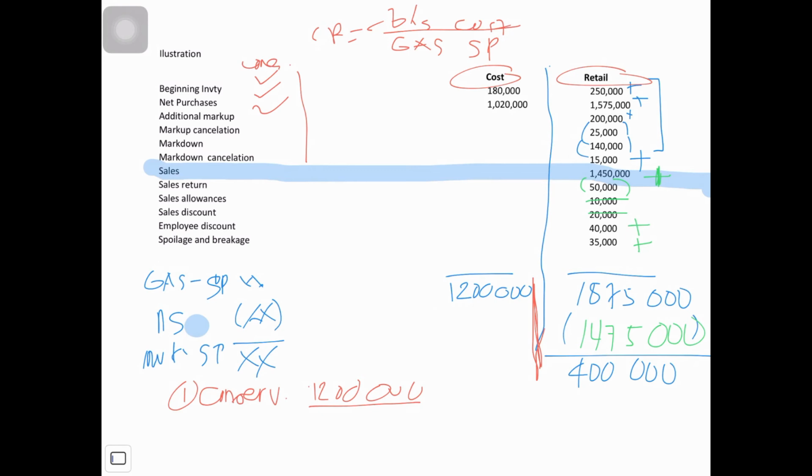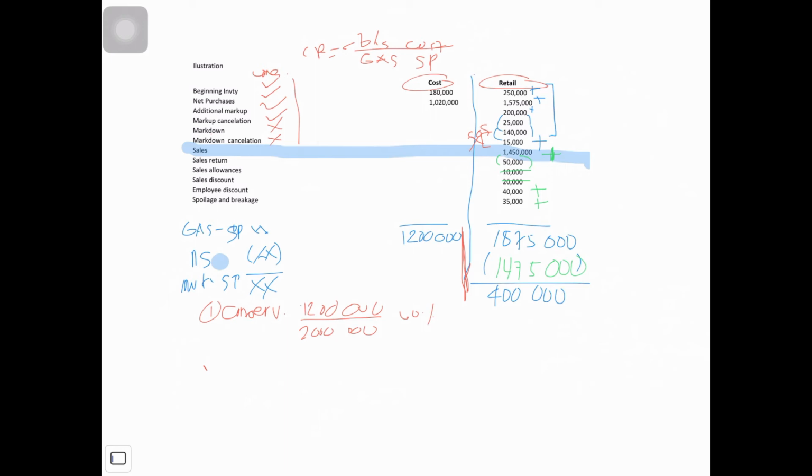Additional markup is included. Markup cancellation is included. The last two, markdown and markdown cancellation, are not included for conservative. So, how much is it all together, except the last two? 250 plus 1,575 plus 200 minus 25. So, we have 2 million. So, 1,200 divided by 2 million. We have 60%.